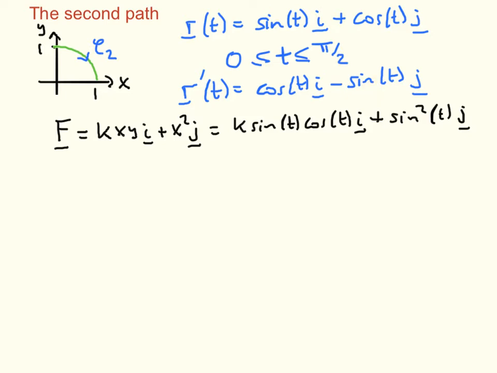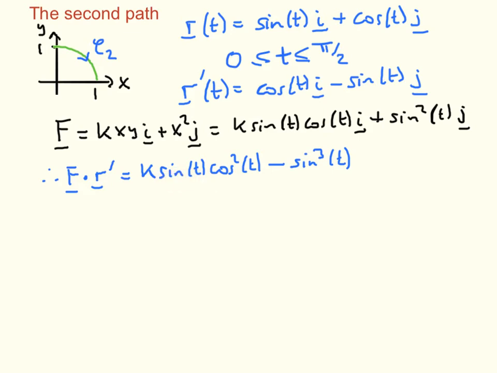So what we see is that the scalar product of F dot the derivative of r with respect to the parameter is going to be kappa sine t, and then it's cos times cos, so it's cos squared t, and then careful with the minus sign, and then it is sine cubed t, and that is our scalar product. Now when we look at this, we realize we could integrate this by inspection.